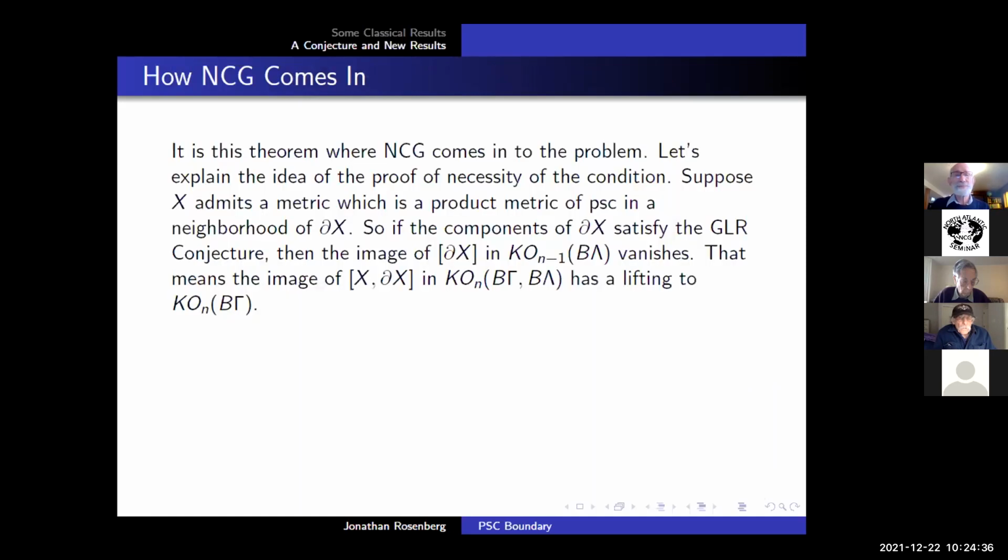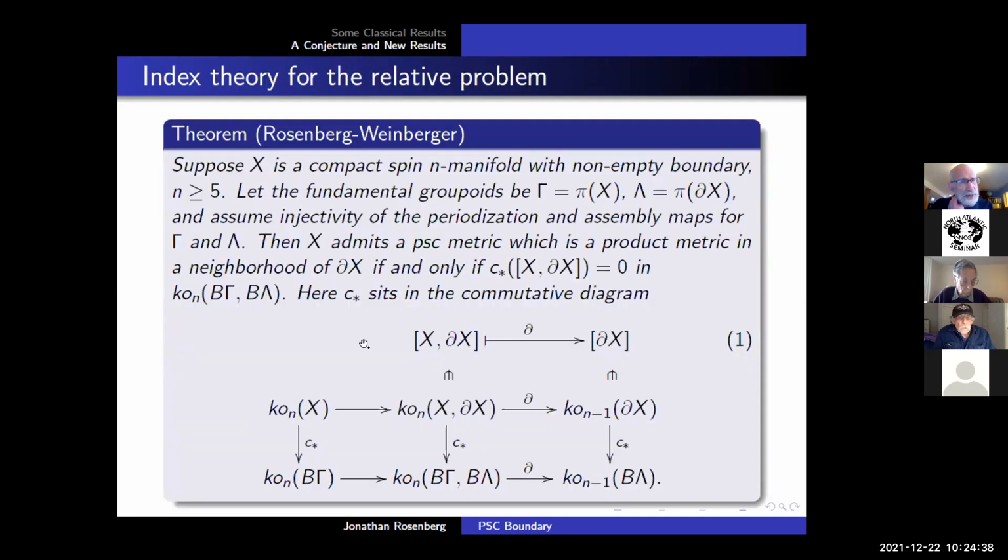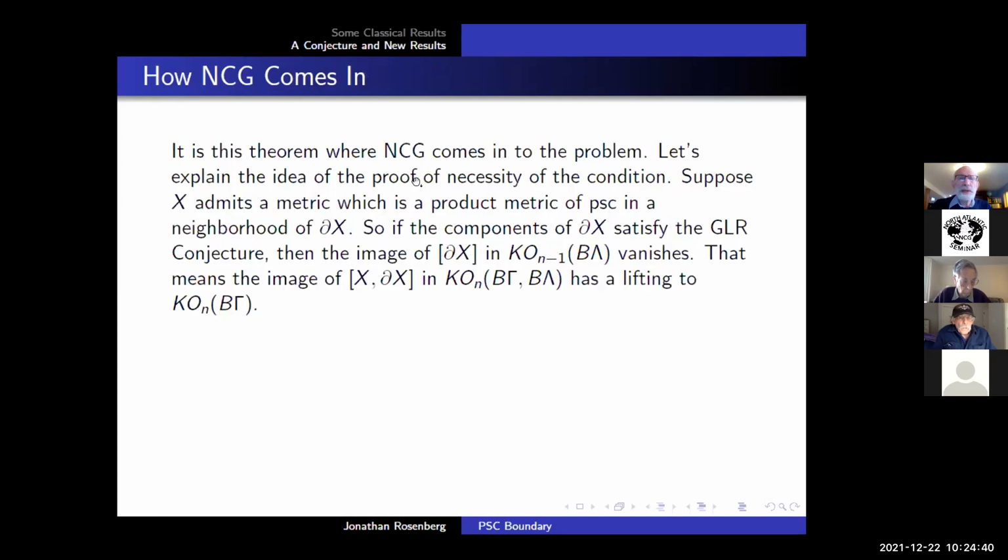So suppose X admits a metric which is a PSC metric with product boundary conditions. Okay, so it's a product metric in a neighborhood of the boundary.